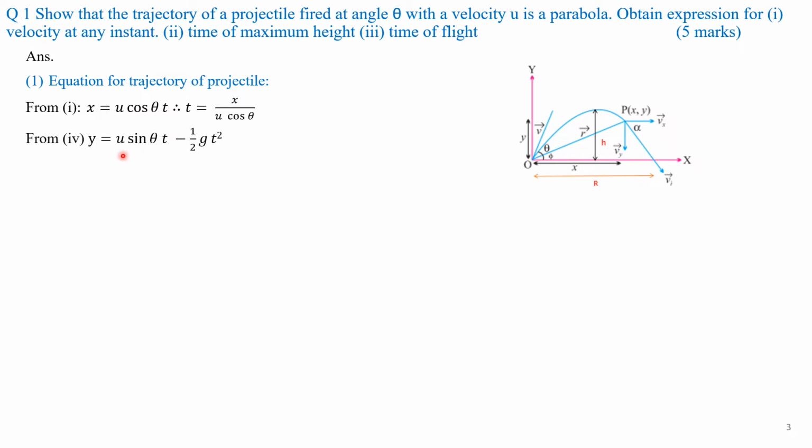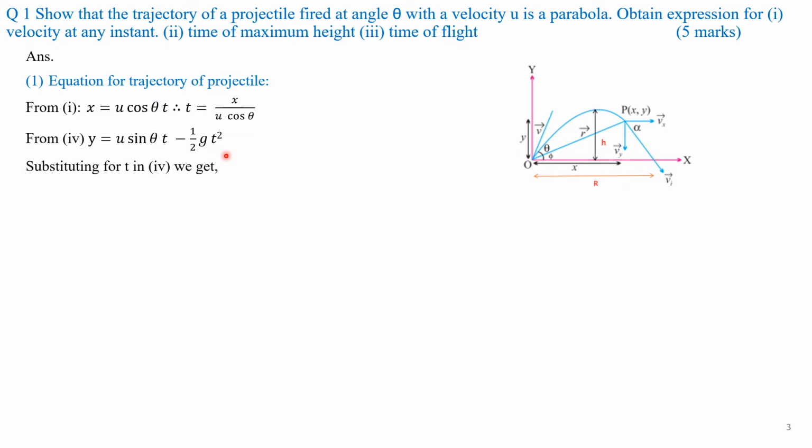And we also know the vertical position or vertical distance is y is equal to u sin theta t minus half g t squared, where u sin theta is the vertical component of the velocity, t is the time, and g is the acceleration due to gravity or free fall. These two are standard equations.